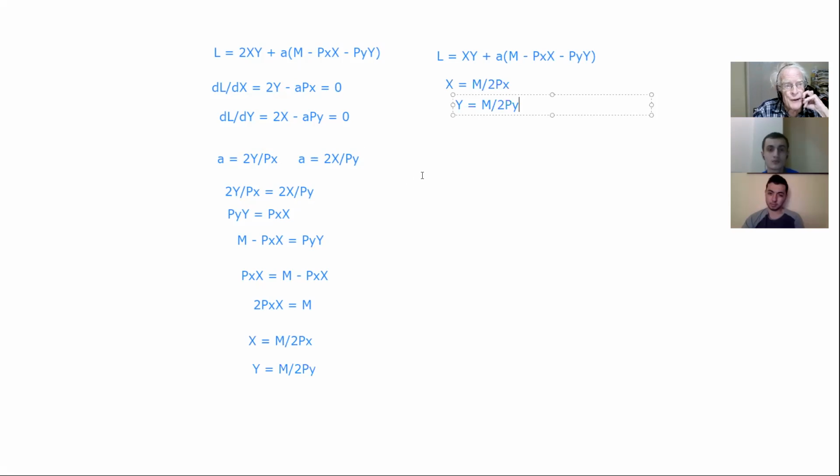So, in other words, we had exactly the same Marshallian demand functions for x and y in the original problem as we do in the new problem, even though we have different utility functions.